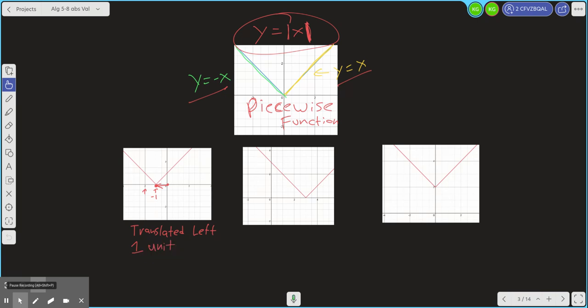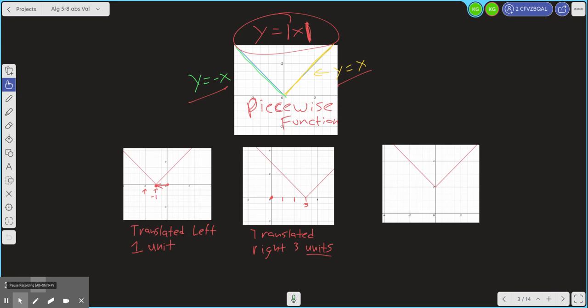If we look at this next graph, normally the vertex would be at the origin, and now we are 1, 2, 3 to the right. So this one we would say is translated right 3 units. We don't have any feet or inches or centimeters, so we're just going to say units.